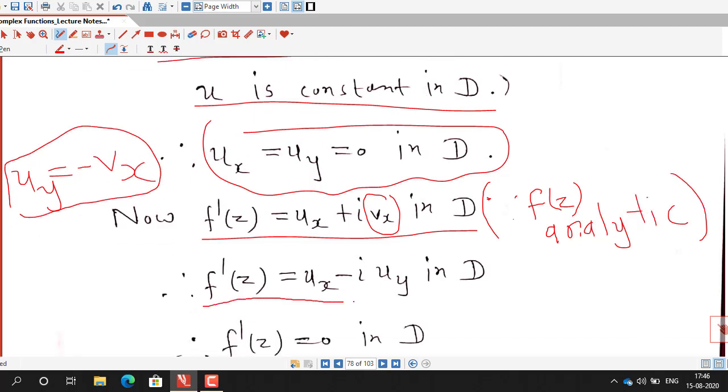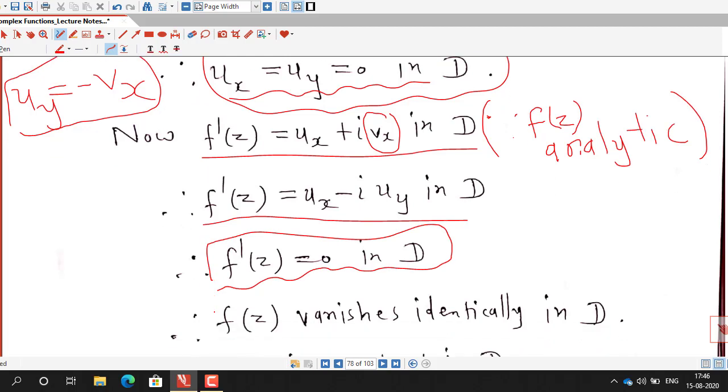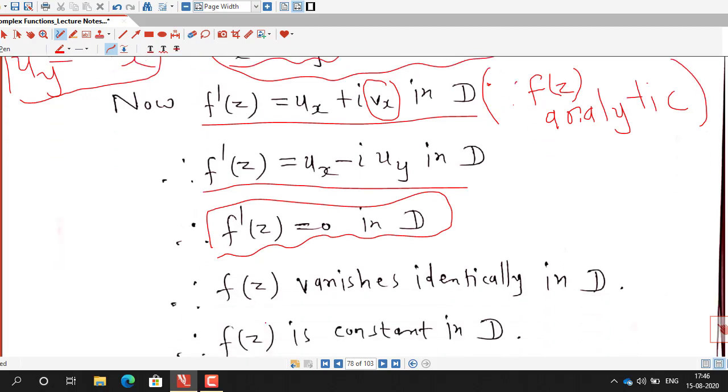So we obtain f dash z equal to del u by del x minus i into del u by del y. But ux and uy both are 0. So what we obtain, f dash z is 0 at every point in a domain D. And this we can write in mathematical language.